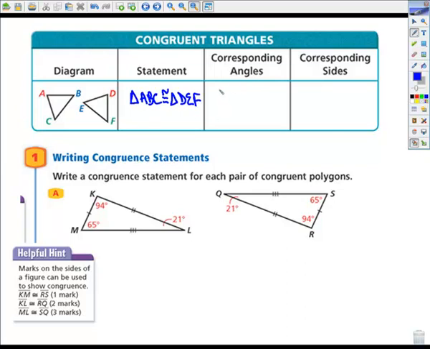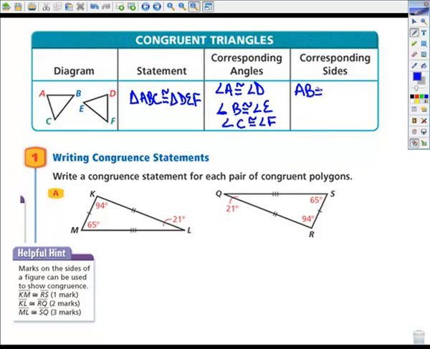So when we look at the corresponding angles, angle A is congruent to angle D because they correspond. Angle B is congruent to angle E, and angle C is congruent to angle F. And now we look at the corresponding sides.